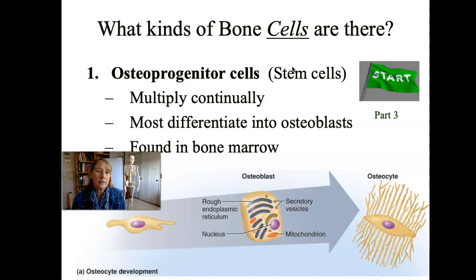So you've heard a lot about stem cells in stem cell research. The great thing about these cells is that they can become anything. It's a cell that can turn into a bone cell, a cell that can turn into a skin cell. When a cell is undifferentiated, it kind of has a free will to become what it wants to become.